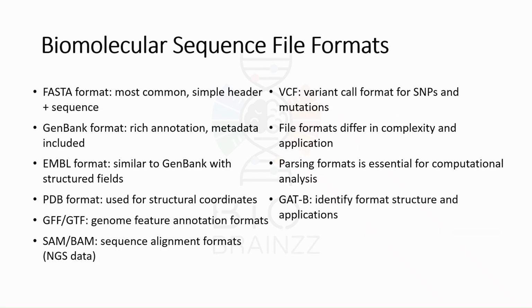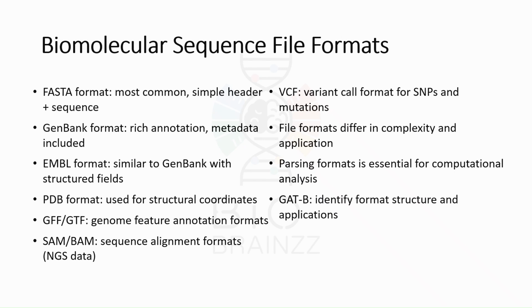Biomolecular sequence file formats. Different file formats are used to store biological sequence data. FASTA format is the most common and simple, where we have a header line and sequence. GenBank format is more detailed and includes annotations and metadata.